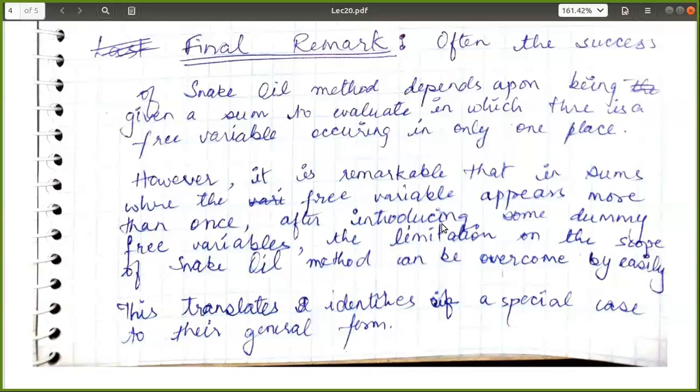So for a particular value of q, r, p, m, etc., it translates to the original series. After introducing these dummy variables, the series may not look so familiar or nice to you because it has translated into its general form.